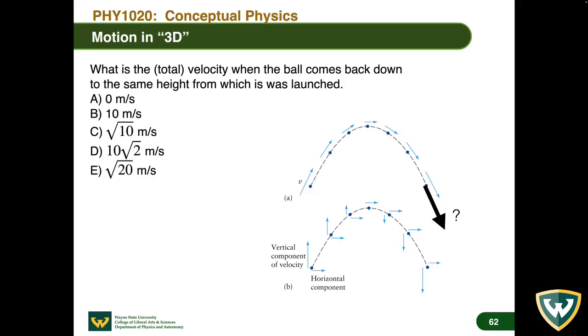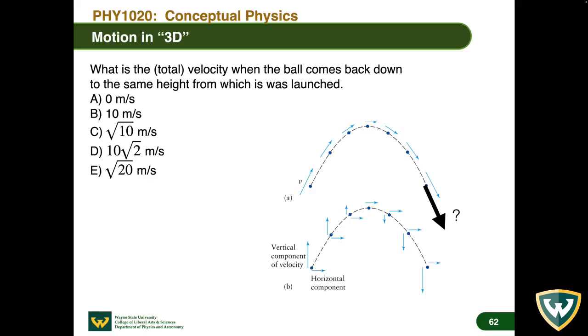I'll let you think about it for a few seconds. Well, we saw that the ball started at 10 meters per second up, went 10 meters per second horizontally. When it reaches the apex of its trajectory, only the horizontal component persists.